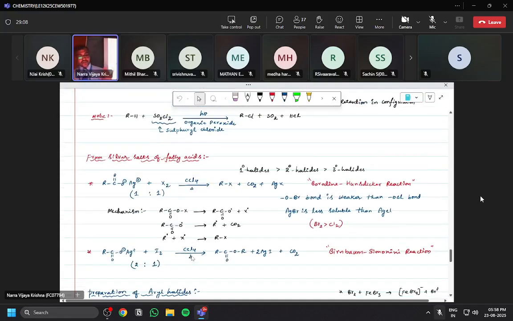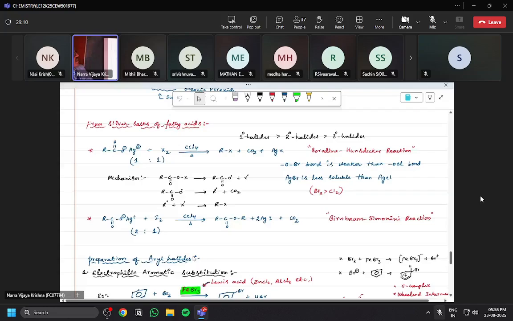This one only: from silver salts of fatty acids. Silver salts of fatty acids are allowed to react with halogen. If it is in 1:1 ratio, what is it called? Borodin-Hunsdiecker reaction, right? If it is in 2:1 ratio, what happens?